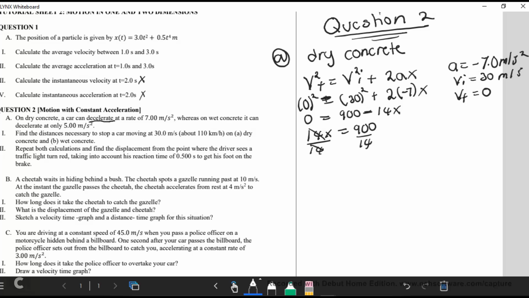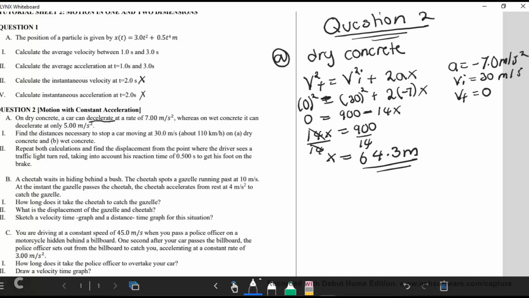Then you come to realize that you have the answer, which is 900 divided by 14. So your answer is 64.3. So that's your displacement. They're saying find the distance necessary to stop the car.